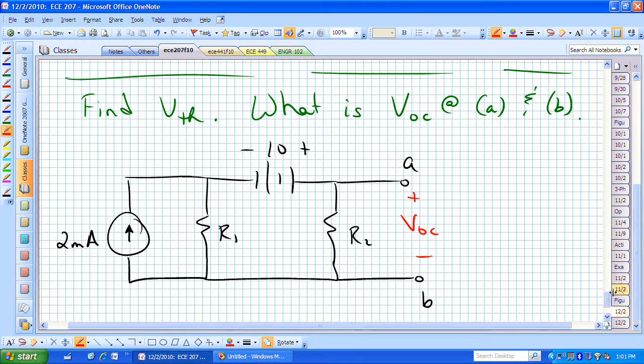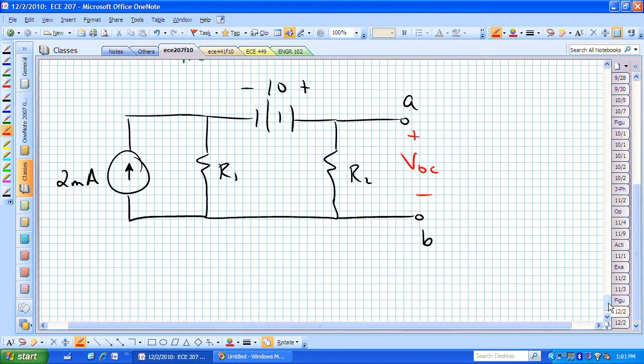What's a process that you might have in trying to find that? Well, if I knew this current, let me call it I sub 1, down through the R sub 2, then I would know what V sub OC was. I know VOC is now R2 times I1.